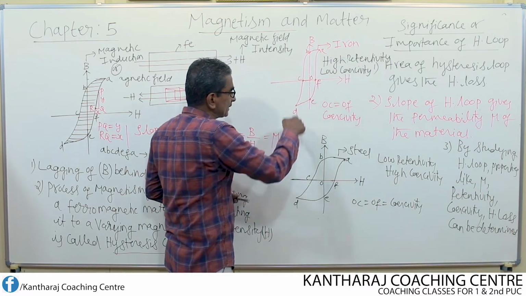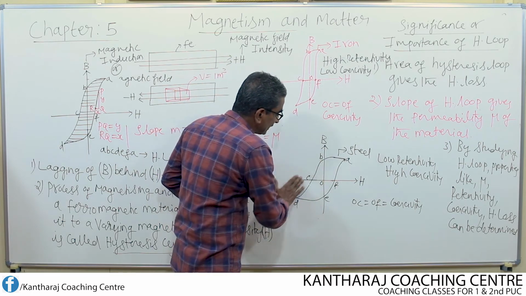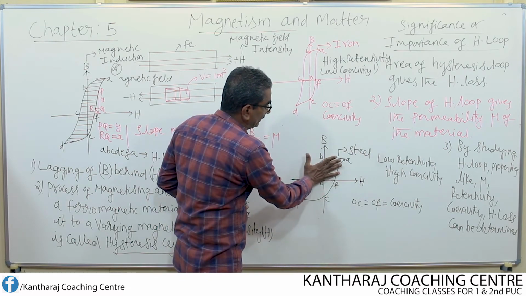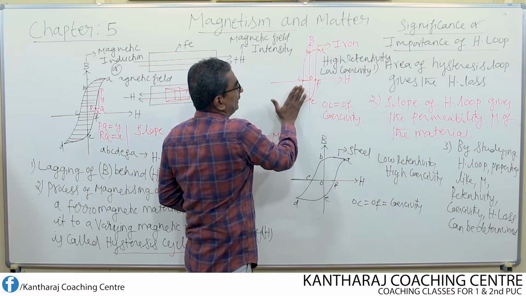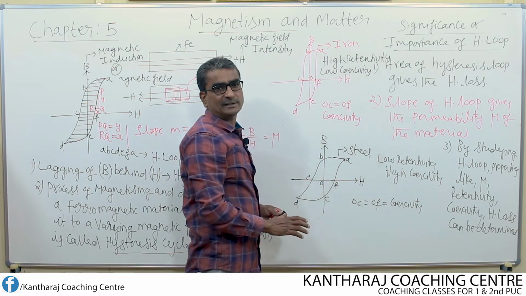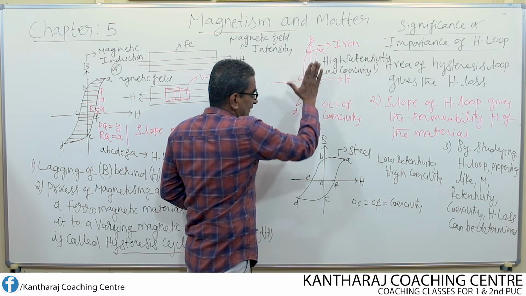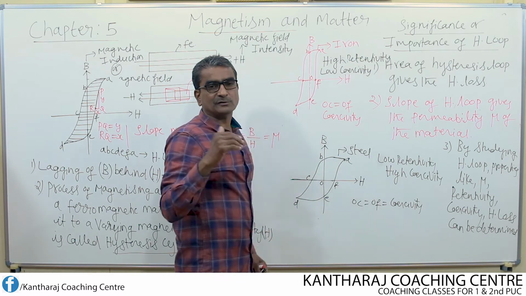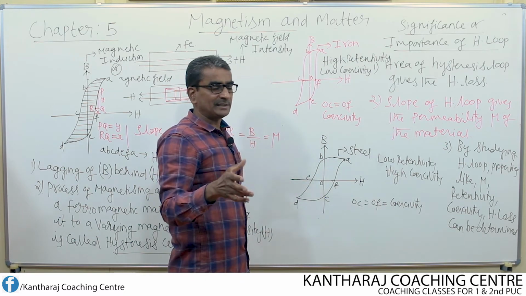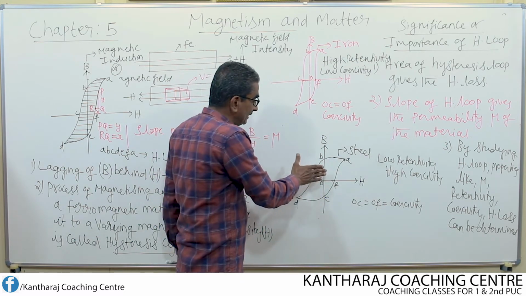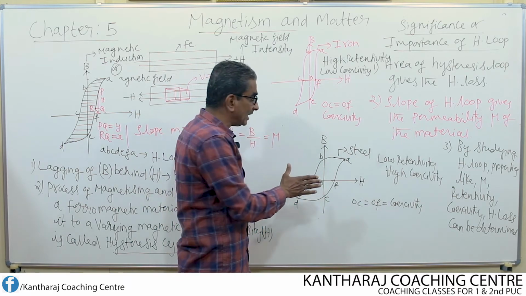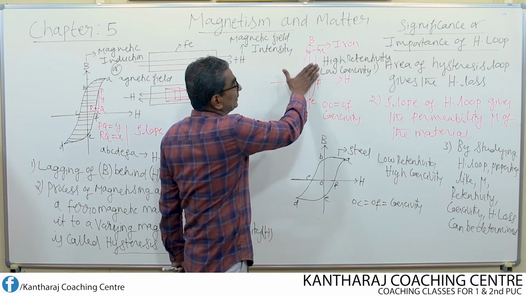And look into these two hysteresis loops. The area of the hysteresis loop obtained for steel is very large when compared to the area of the hysteresis loop obtained for iron. So this area is less, this area is large, and it is very evident that the hysteresis loss is very large for steel when compared to iron.